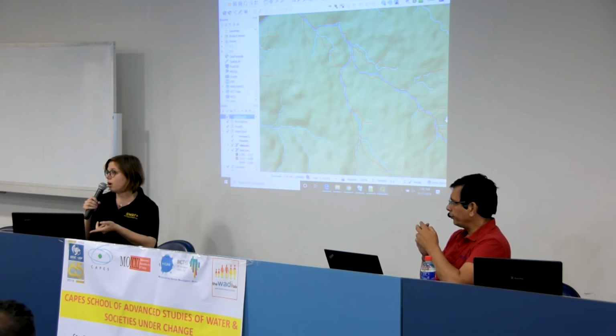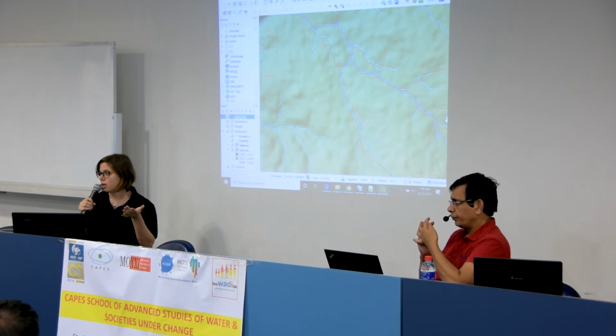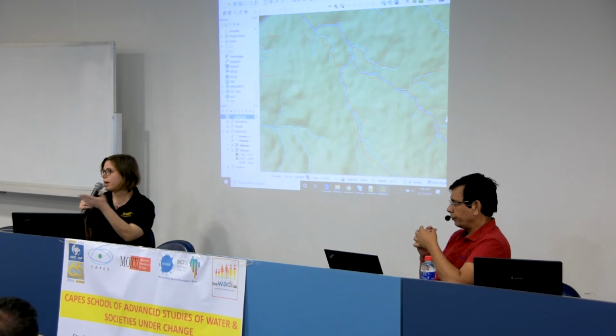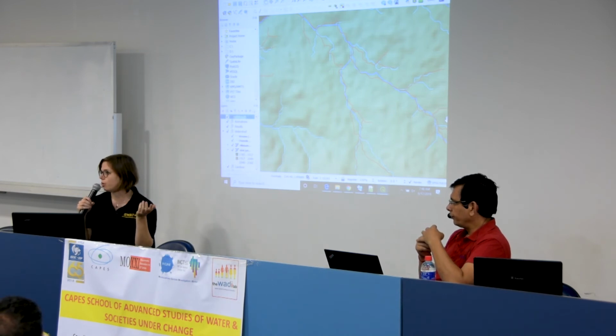I also got the ANA, our national agency, and their delineation of streams to check. And I also knew the watershed, so I knew a few points that were different, to maybe correct with burn-in. And then I selected the one that I thought was better for my specific case.